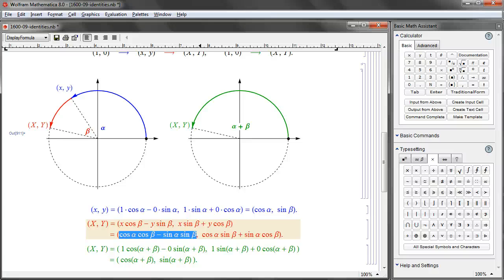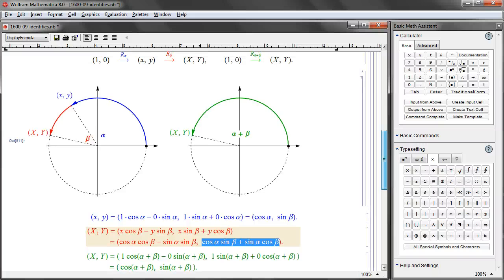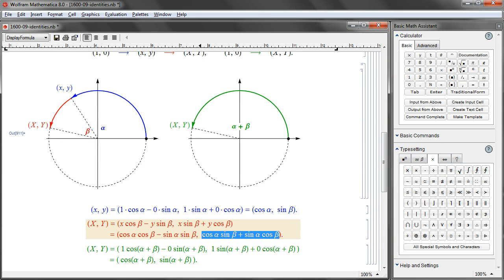And comparing the second coordinate, we get sine of alpha plus beta is equal to cosine of alpha sine of beta plus sine of alpha cosine of beta. Is that the same thing as what we wanted to prove? Yes, indeed, because addition and multiplication are just commutative. Sine of alpha cosine of beta plus cosine of alpha times sine of beta is the same as this one. That completes the proof of the sum identity of sine and cosine.